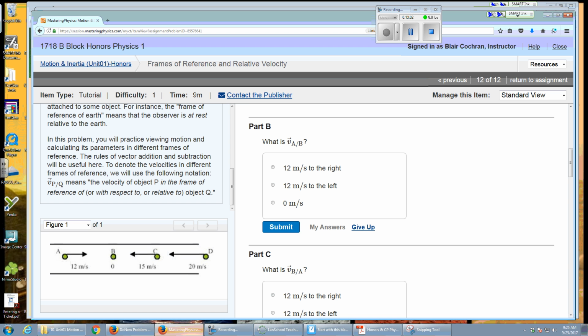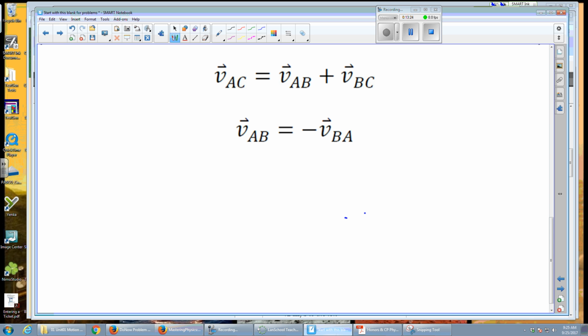So they want to know what's the velocity of A with respect to B. So B is in the reference frame of the Earth, right? So we can actually use this equation.